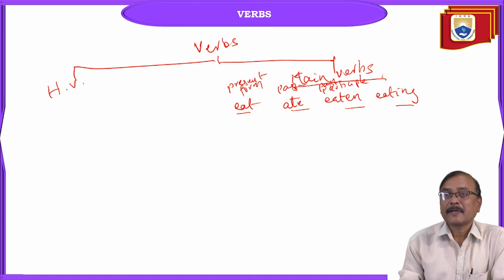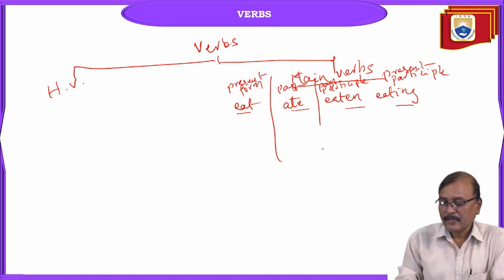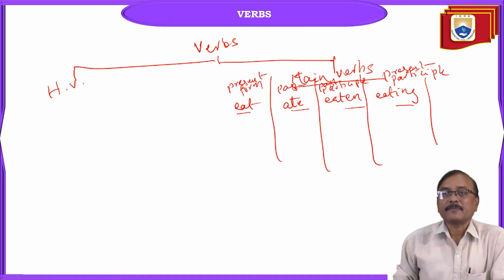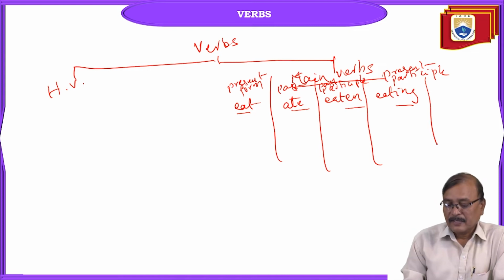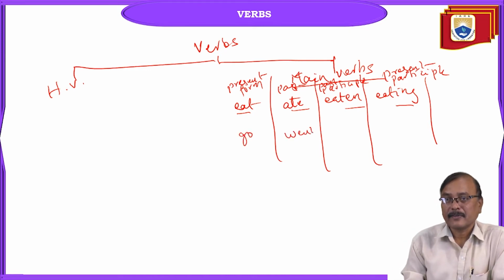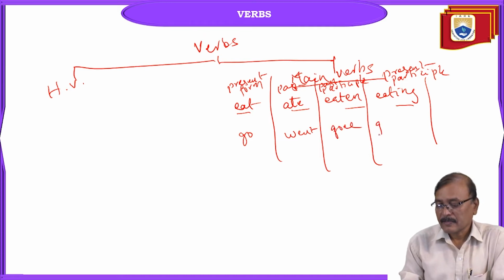This is the present participle. So like this, there are 4 forms in the main verbs. Right? If it is go, it is went, gone, going.